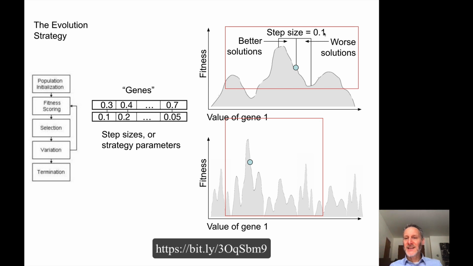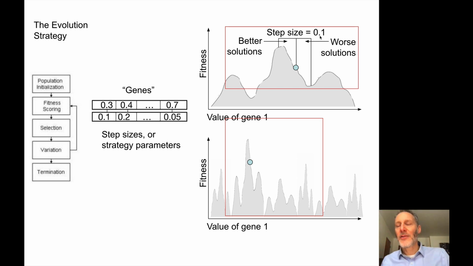We're introducing this idea of step size here. So the more we change the copied genetic material of the parent, the further away horizontally the child will fall from the parent. We can actually boil that down to a number known as the step size, which is exactly what an evolution strategy does. We'll come back to that in a moment.